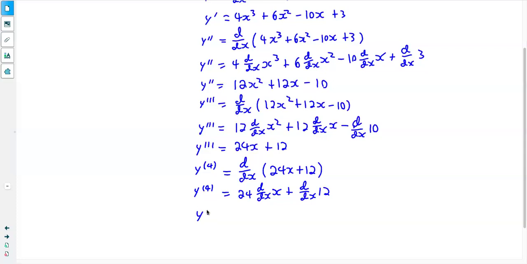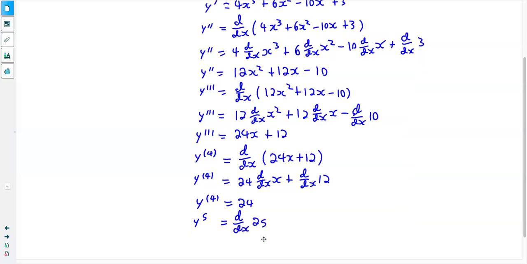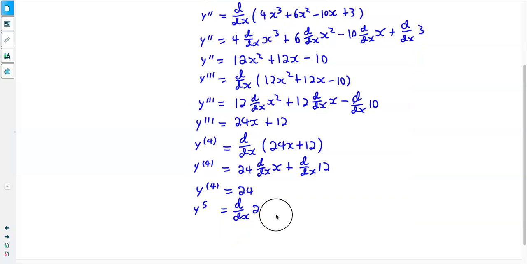So our fourth derivative is just going to be 24. Now our fifth derivative is d/dx of 24, which is 0. So our fifth derivative of this is 0.